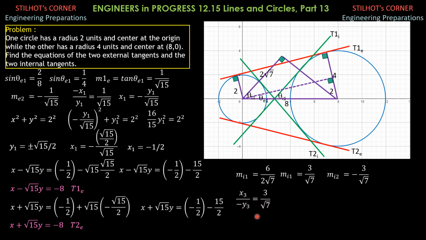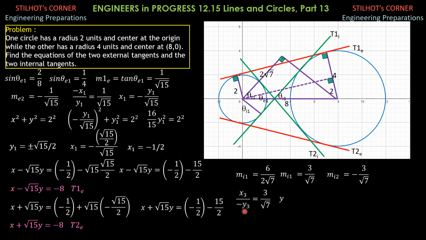Therefore, this is theta I1, theta I1 also. So the tangent of theta I1, which is this, is equal to opposite, which is x3 positive, over this, which is y3, and y3 is negative.